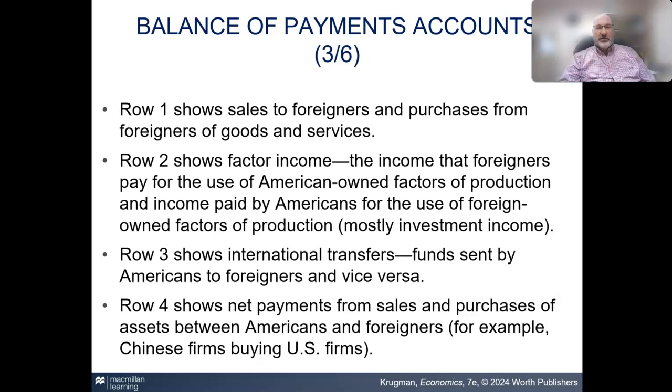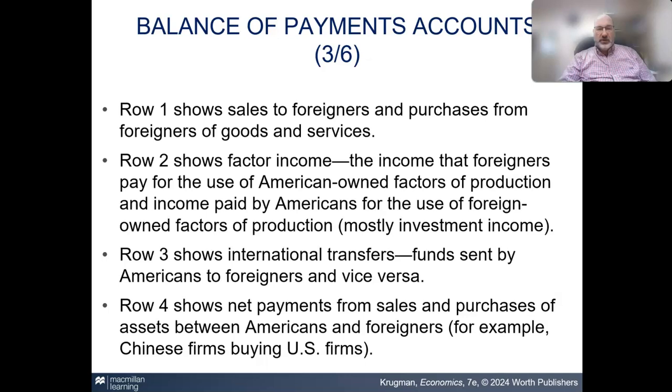So there you go. Row one shows sales to foreigners and purchases from foreigners of goods and services. Two is factor income, the income that foreigners pay for the use of American-owned factors of production, and income paid by Americans for the use of foreign-owned factors of production. And mostly that's investment income.